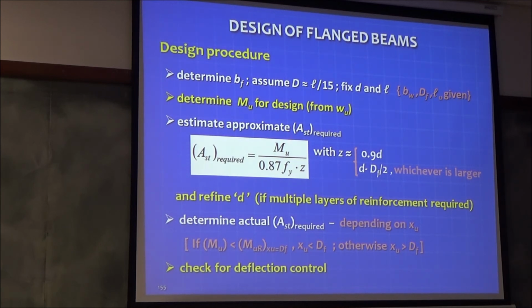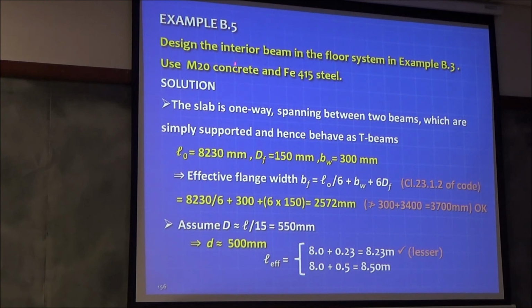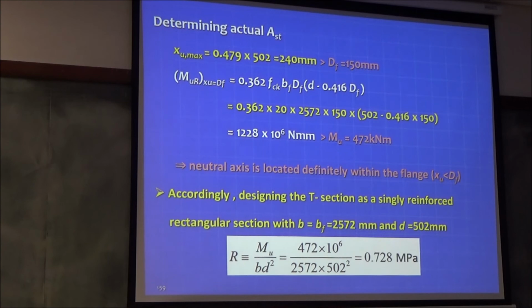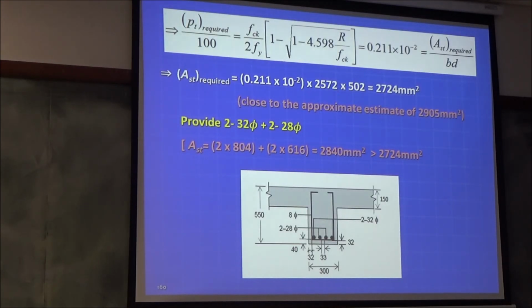Find out the moment you need, and the steel needed is M over 0.87 Fy into a lever arm. The lever arm is the larger of these two, 0.9 D or D minus Df by 2. And then you can check this out. So go through this example and see how easy it is to do this. Then you have to analyze and make sure it is safe.